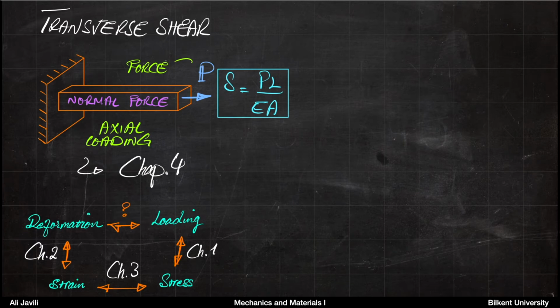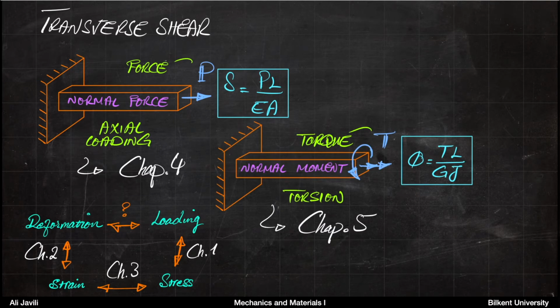Then based on that knowledge, we studied the axial loading problem. In axial loading, you apply a normal force, and the key formula we found was that the displacement of the beam, delta, is equal to PL over EA. That was chapter 4. In chapter 5, we talked about torsion.